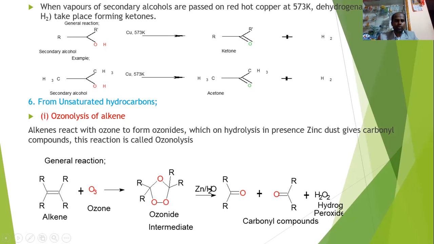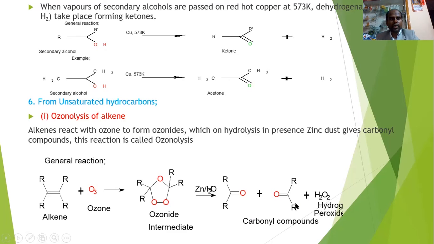So that means ozonolysis of alkene. Ozonolysis of alkene means a reaction of alkene with ozone gives rise to the intermediate ozonide. This on reaction with zinc dust gives carbonyl compounds. So this is a general reaction.